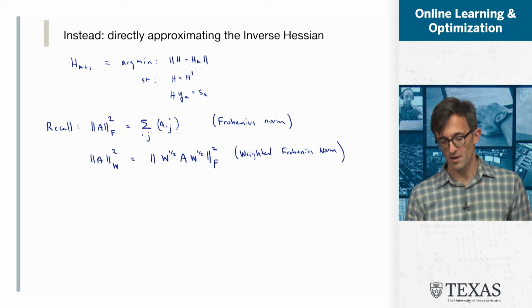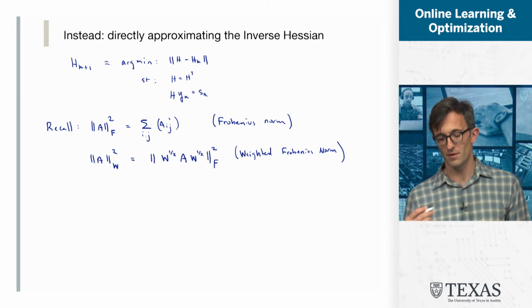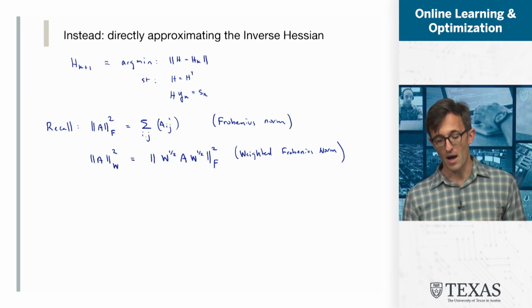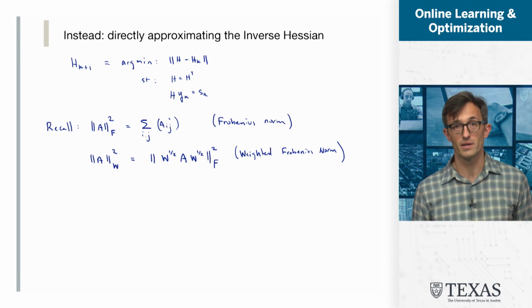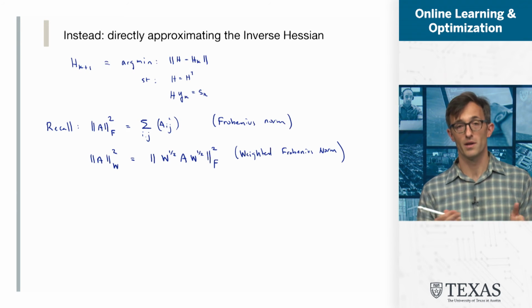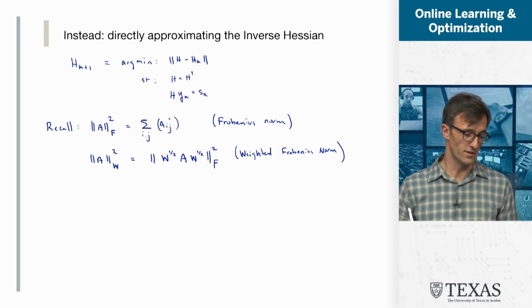If we choose a particular choice of W, which I'll write down in a minute, it turns out that Hk plus 1 has a very simple iterative solution that updates it from Hk. It's very inexpensive to obtain Hk plus 1 once you have Hk, and so on.